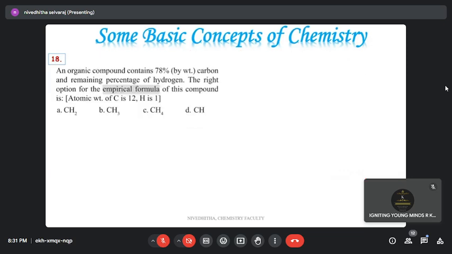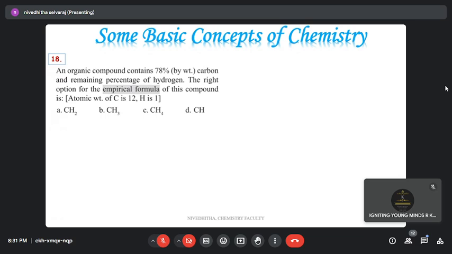a previous year question. Okay. I'll read out this question. You guys try and please let me know the answer. An organic compound contains 78% by weight of carbon and the remaining percentage of hydrogen. So it seems to be a hydrocarbon. The right option for the empirical formula of this compound is dash.